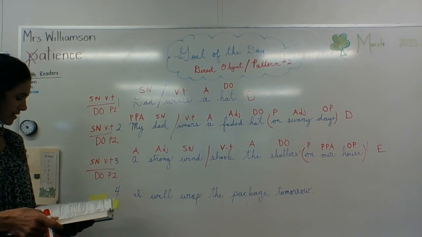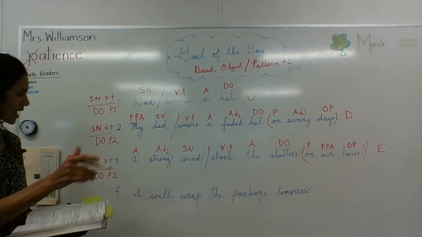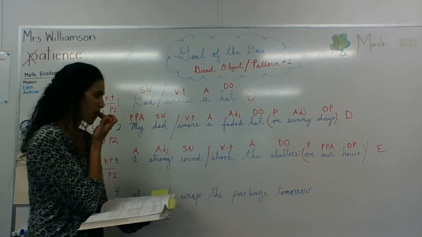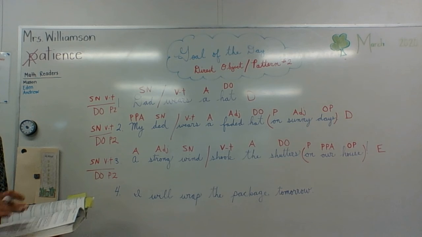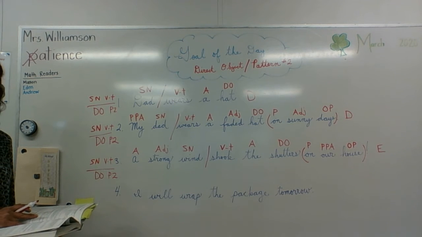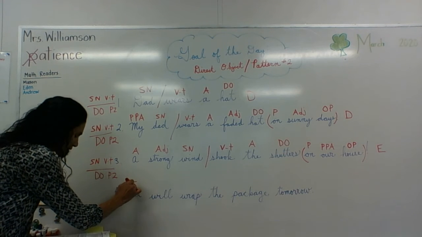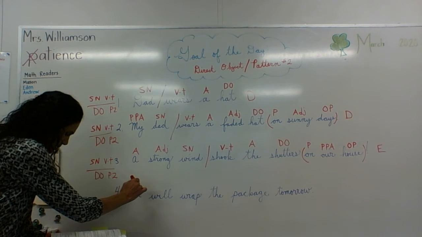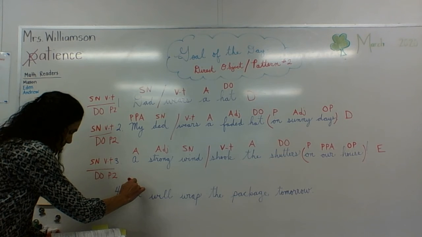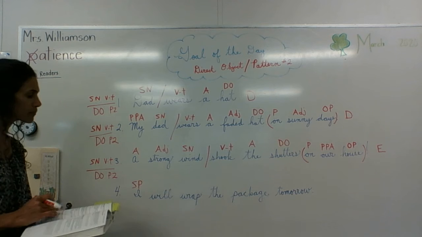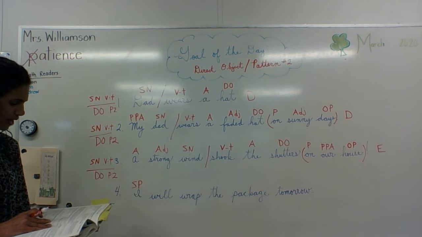Final sentence, number 4. I will wrap the package tomorrow. Who will wrap the package tomorrow? I. Subject, noun. But it's a pronoun, so we're going to put a P. Subject, pronoun. All right.